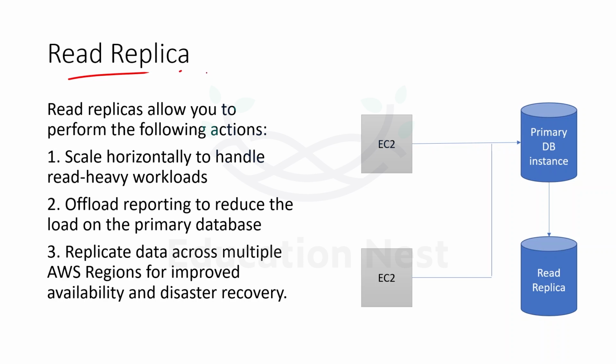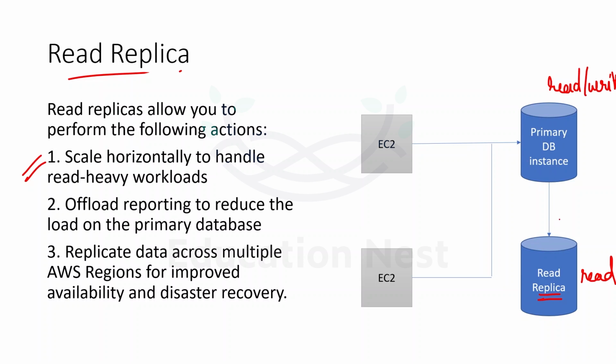A read replica allows us to scale horizontally to handle just the read traffic. If you want to read from this particular database, only read queries would be allowed, while in the primary, both read and write would be allowed.